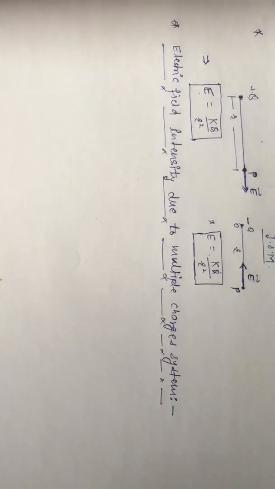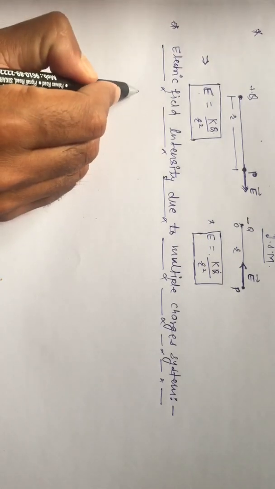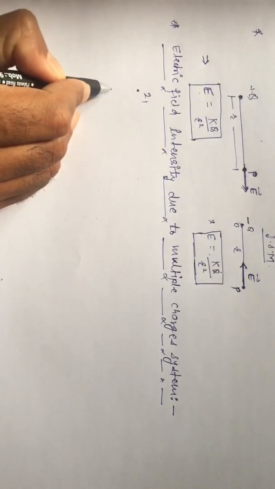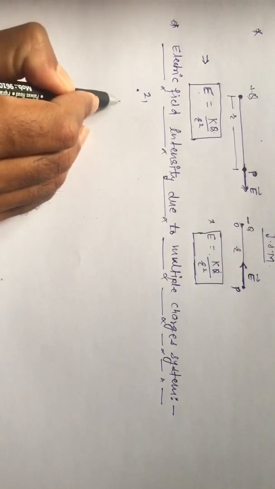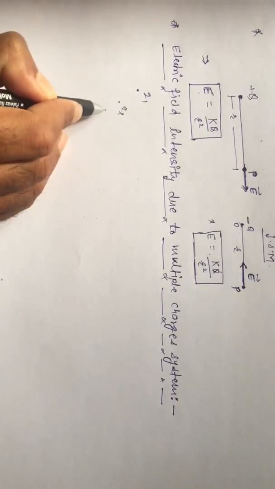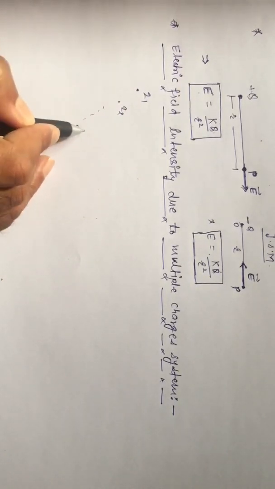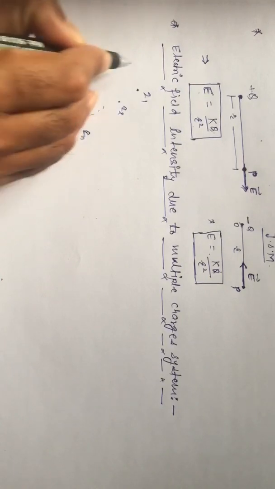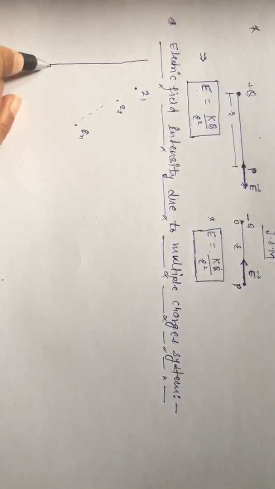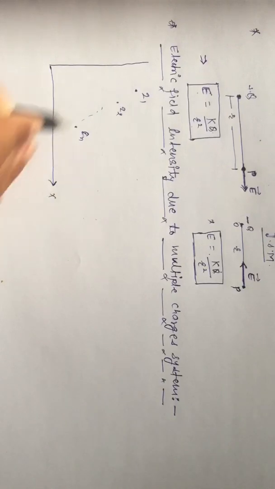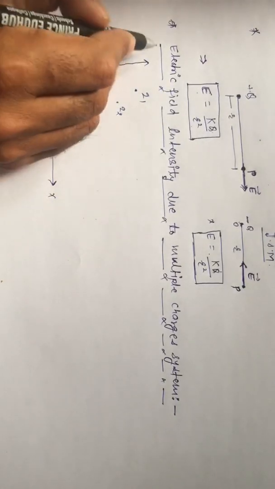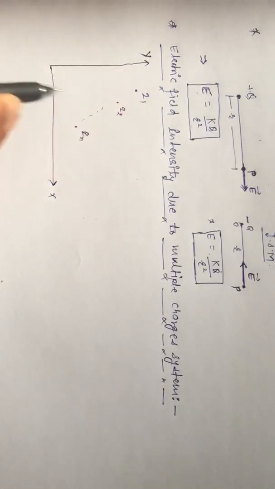My dear students, my question is, suppose this is q1 point charge, this is q2 point charge, and this is qn point charge, and it is the XY reference system, Cartesian coordinate system, rectangular coordinate system.